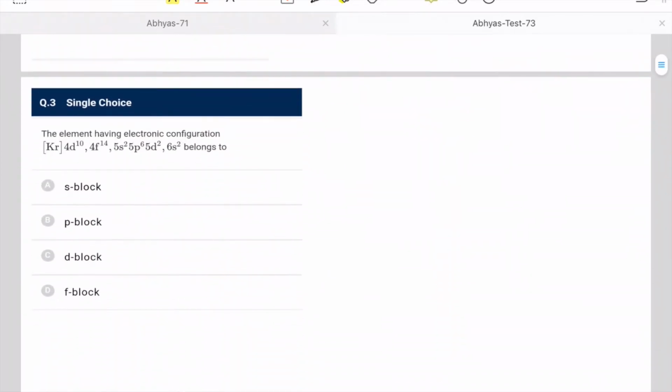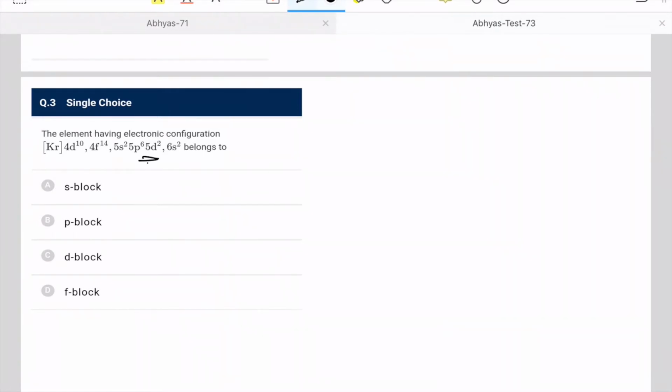So question number 3: the element having this electronic configuration belongs to which block, he is asking. Normally, whichever orbital the last electron enters, that is the block of that element. So in this one we can see our last electron is entering into the d orbital.